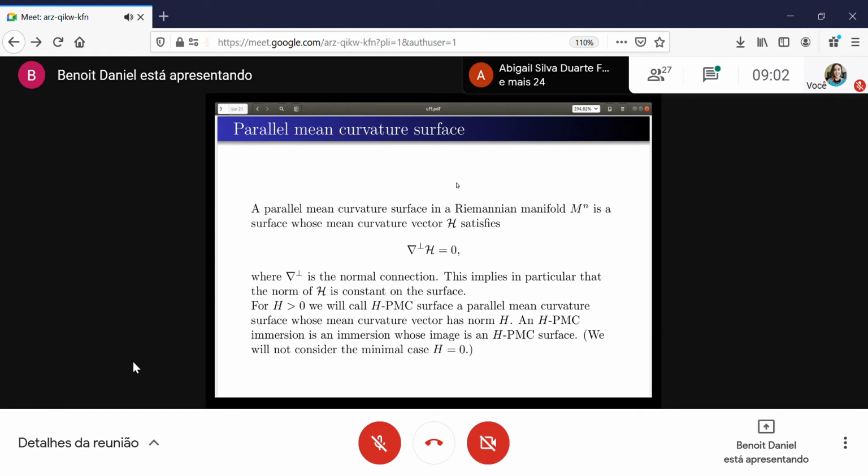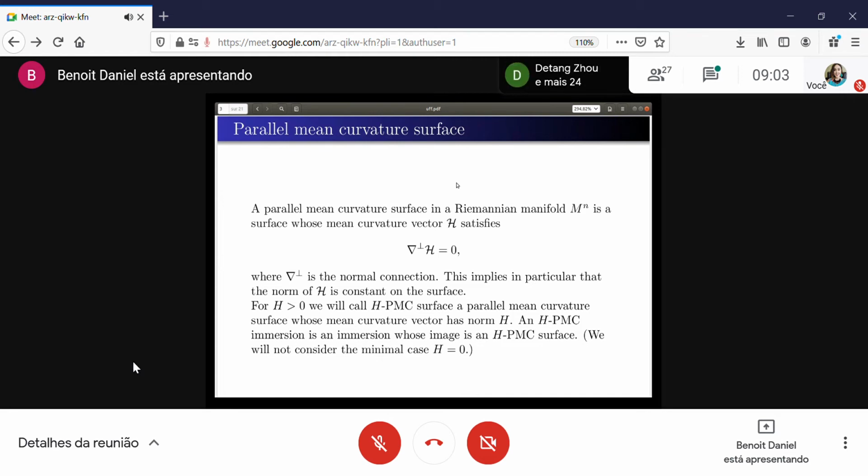I will only consider parallel mean curvature surfaces which are not minimal. And I will use the following notation. For a given constant H, a positive real number, I will call HPMC surface a parallel mean curvature surface with mean curvature vector of norm H. And I will call an HPMC immersion an immersion whose image is an HPMC surface.